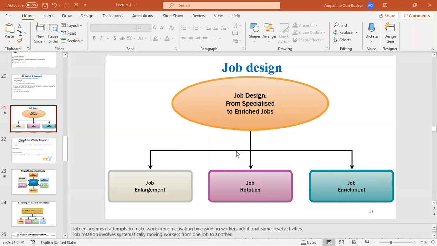So when we talk about job design, basically we are referring to a conscious attempt by the HR manager to structure the various tasks, duties, and responsibilities that are supposed to be performed within an organization so that they will be coordinated to achieve a common objective.